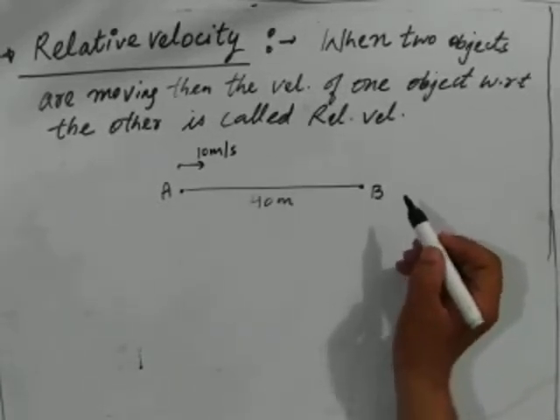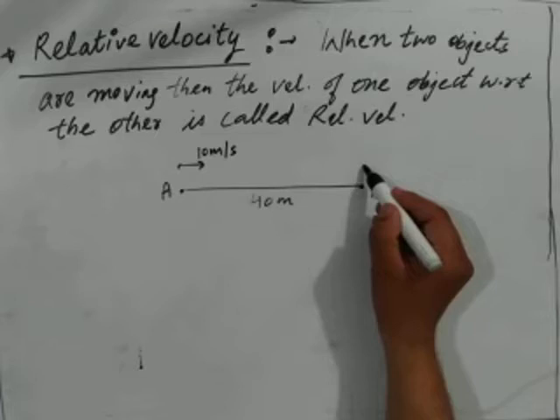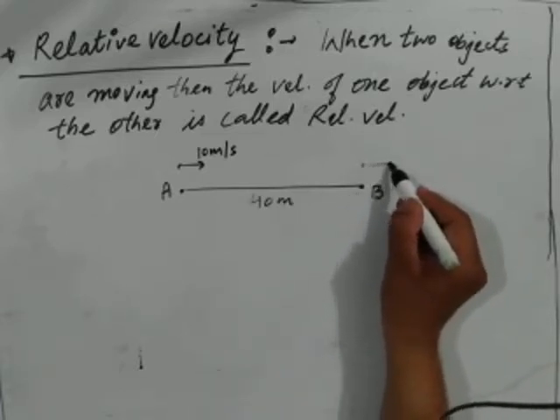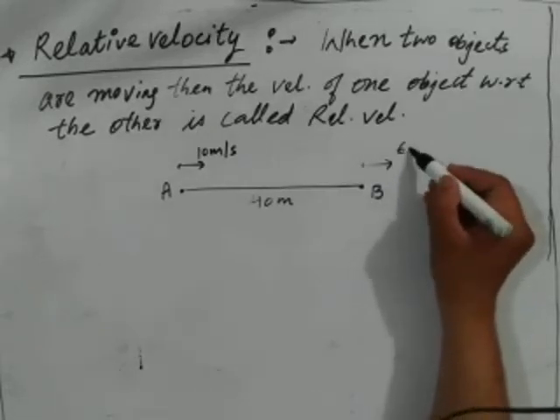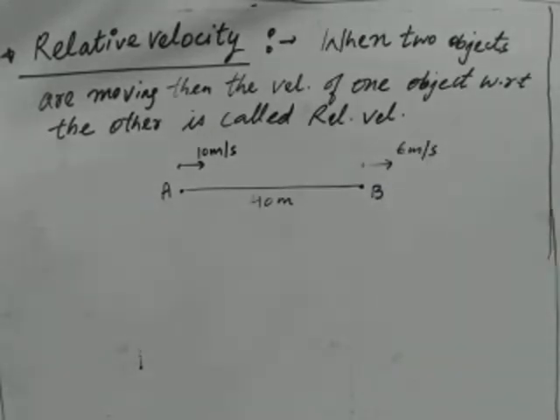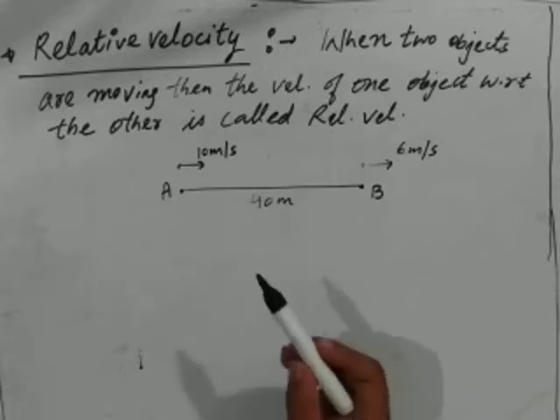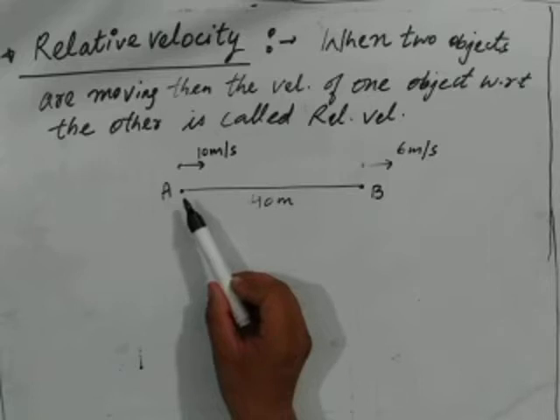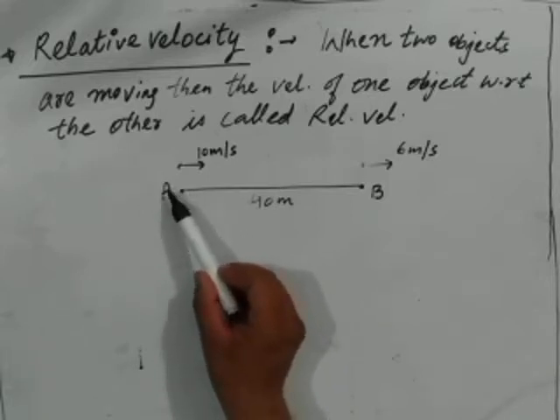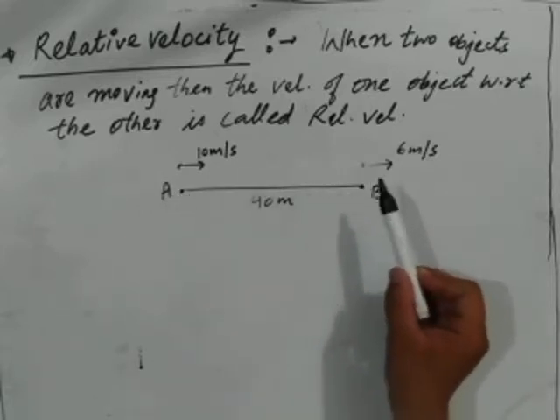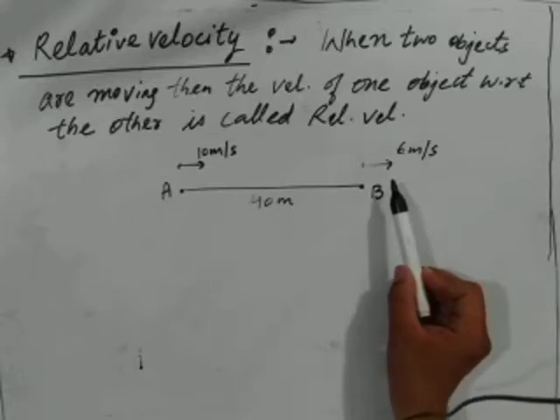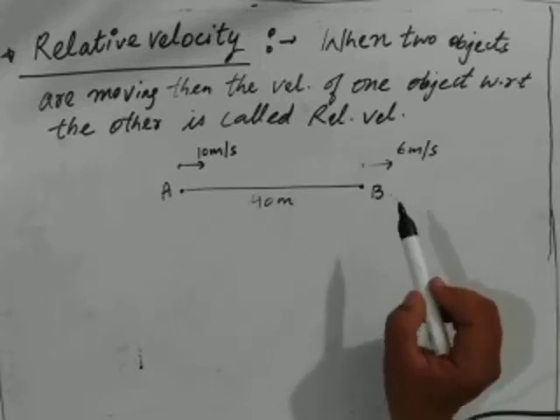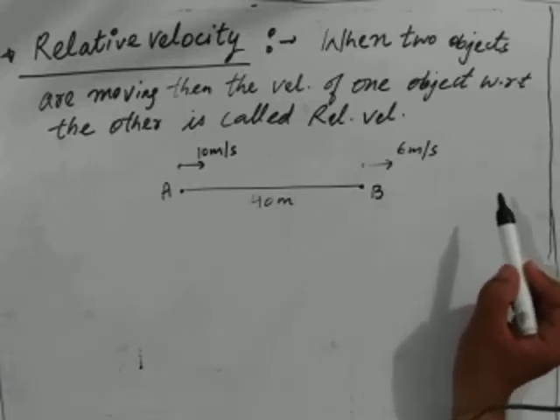Consider another object lying at B which moves away from A towards right with a speed of 6 meters per second. Now we have to calculate the time in which the object lying at A will cross the object lying at B, when both are moving in the same direction.